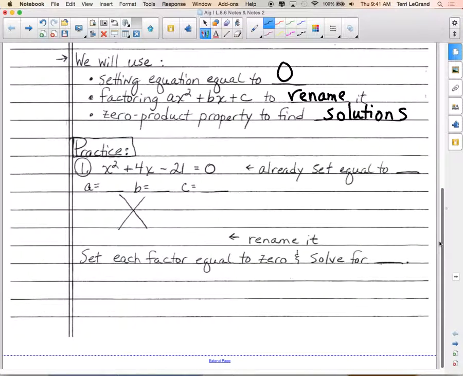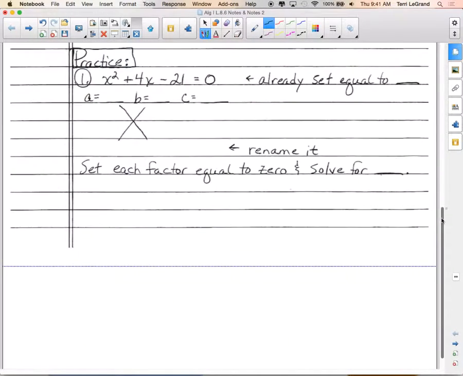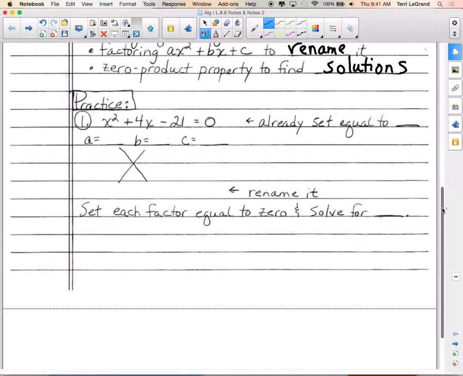Okay, so here's our first one that we're going to solve by factoring. x squared plus 4x minus 21 equals 0. So it's already set equal to 0. We don't have to do that part, do we? When we rename trinomials, here's our trinomial that we're going to be factoring.